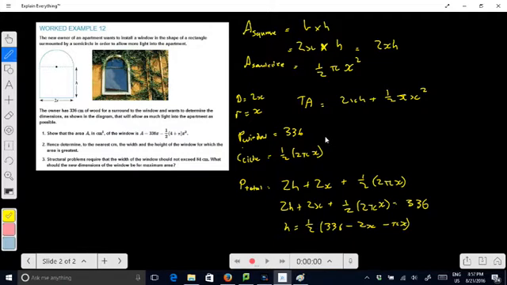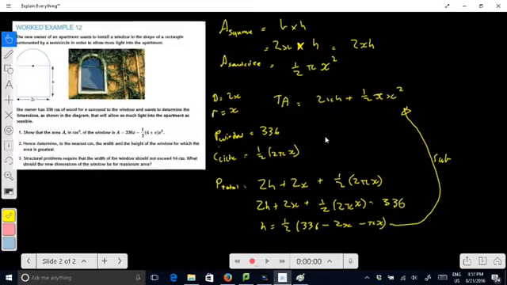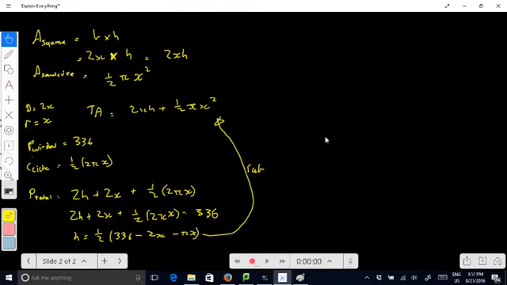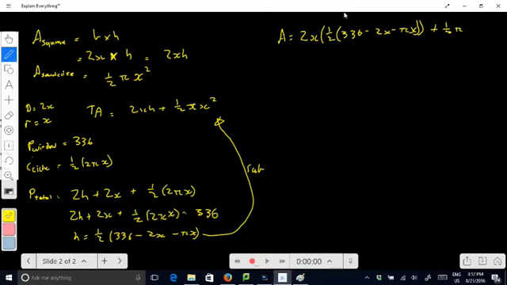And if we sub that back into this one here, we get our area is equal to 2x, and h is now this one down here, so half of 336 take 2x take pi x, plus a half pi x squared. Pretty ugly.